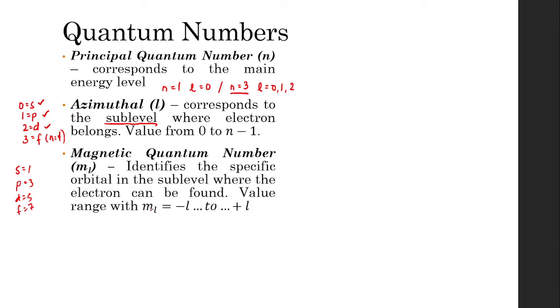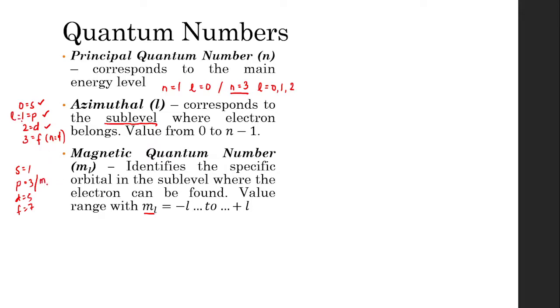And we usually have the range of M sub L equal to negative L to positive L. Sorry, this should be: for P you have 3 orbitals, and the L level for P is equal to 1.